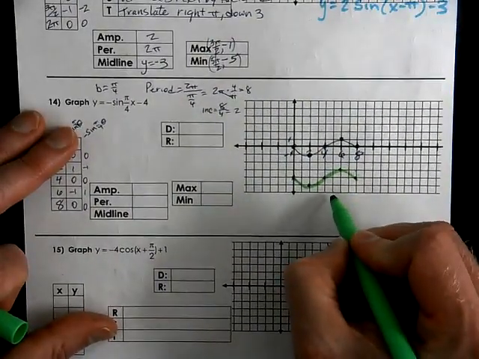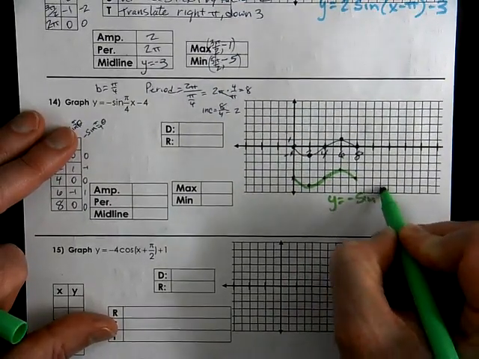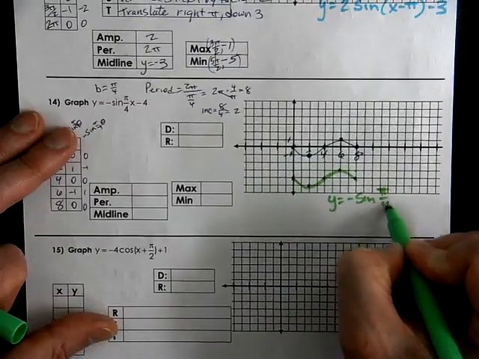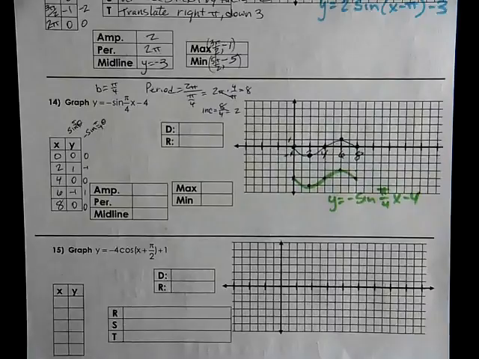There it is. That would be y equals negative sine of pi over 4 x minus 4.